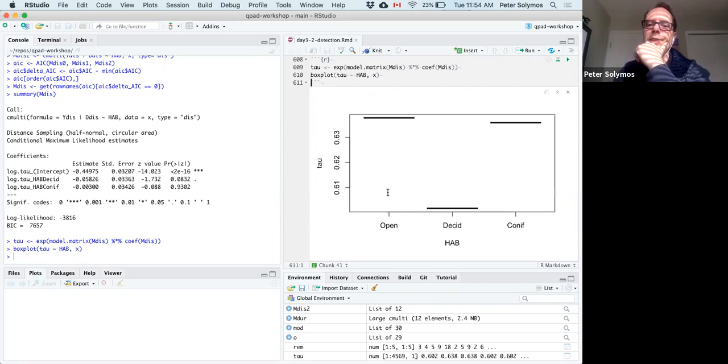So I might stop here and wonder about whether this makes sense. In open habitat, you get 0.64 as your EDR, which is like 64 meters. In deciduous forest, you get close to 60 meters. And in coniferous, that's very close to, slightly lower than the open environment.